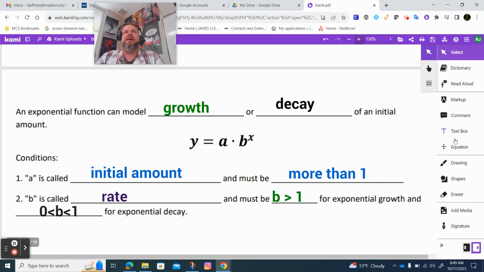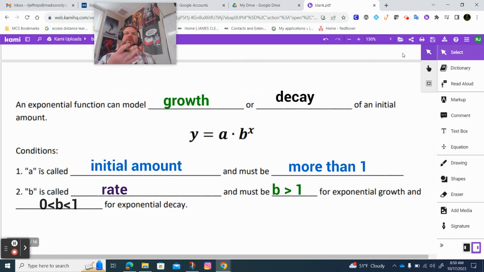This is how people do carbon dating, like, hey, it's this old, or for nuclear decay and things like that. Okay, A is called our initial amount. This is like what we had earlier with the flower beetles. We started with 30. The initial amount must be more than 1.